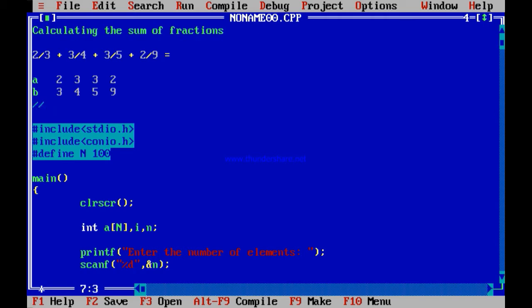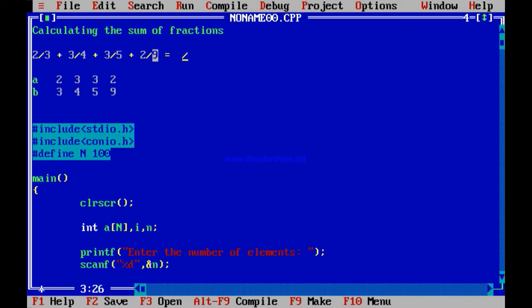Question is, how then do you calculate the sum of the fractions? For that, if you remember, what we used to do was, in the denominator, we always used to put the LCM of the denominators. You remember? 3, then 4, then 5, then 9.